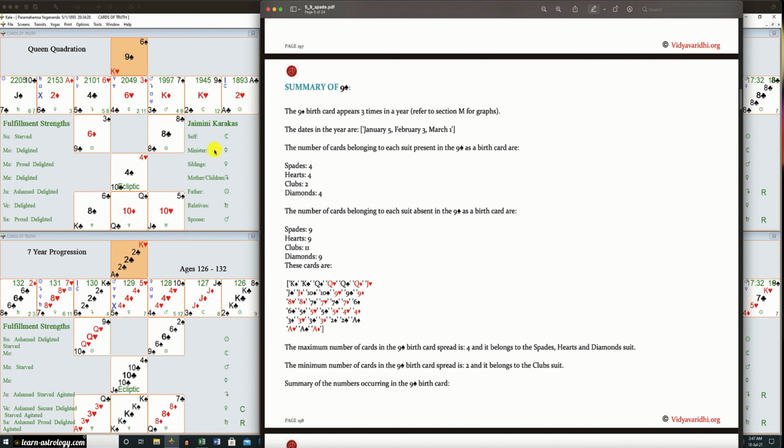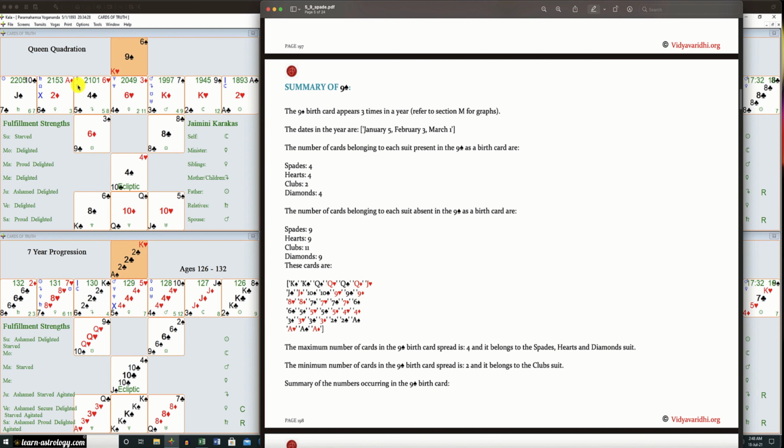In his case, he gets 4 planets in the King of Diamonds, and 2 planets, which are Saturn and Rahu, also in the Two of Diamonds. So he gets 6 planets in the diamond suit, which is already shifting towards a diamond thing.